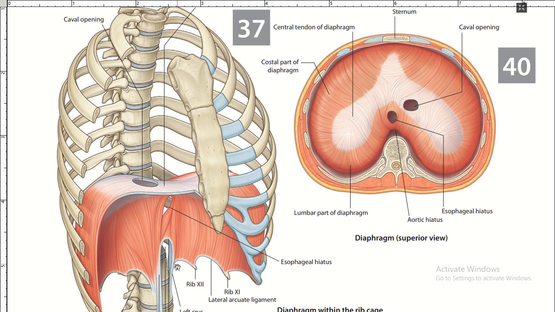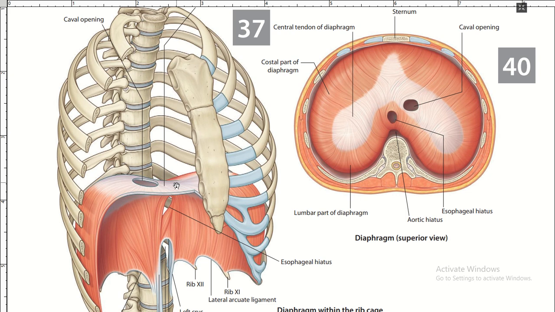When it bulges into the abdomen, it is going to increase the volume of the thoracic cavity. And when the volume of the thoracic cavity is increased, what happens to pressure? Pressure decreases, from Charles' law, the gas laws, right? So what is going to happen?